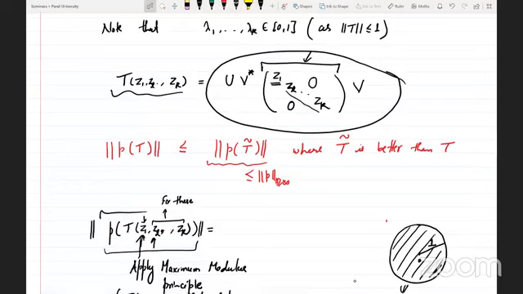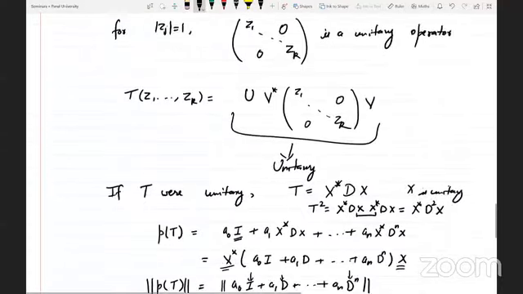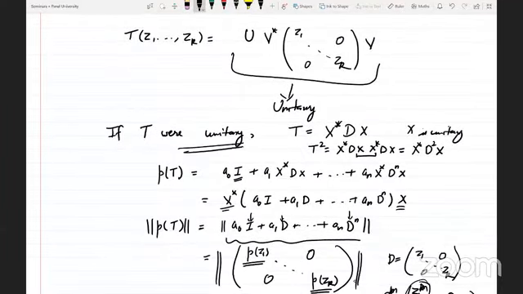And the main idea was to try to replace T by something better, and something better, as you have seen now, is a unitary matrix. Unitary is easier to deal with because as soon as you have a unitary matrix, you can diagonalize it using another unitary matrix. In fact, this is true for any normal matrix, that you can diagonalize it using a unitary.